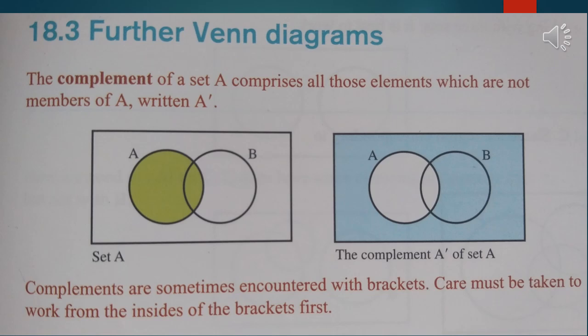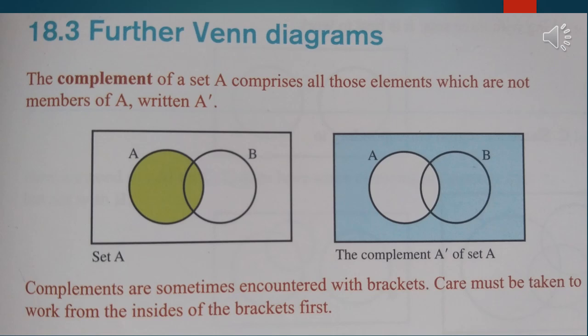Set A is given with two intersecting sets, and one set A is completely shaded. In the second one, the complement of A, A dash, means all the area outside A, and that is shaded.